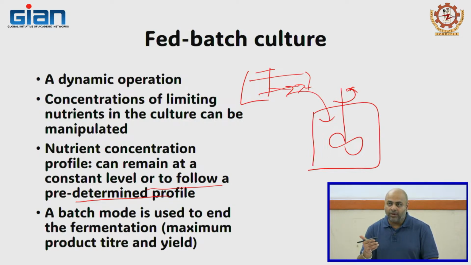Sometimes if you give less substrate to your host or to the microbes, they might develop a different type of metabolites, right, because metabolic pathways will change, they will try to adjust themselves. A batch mode is used to end the fermentations once it has reached that 80% volume: close everything and run it as a batch. It ends as a batch.